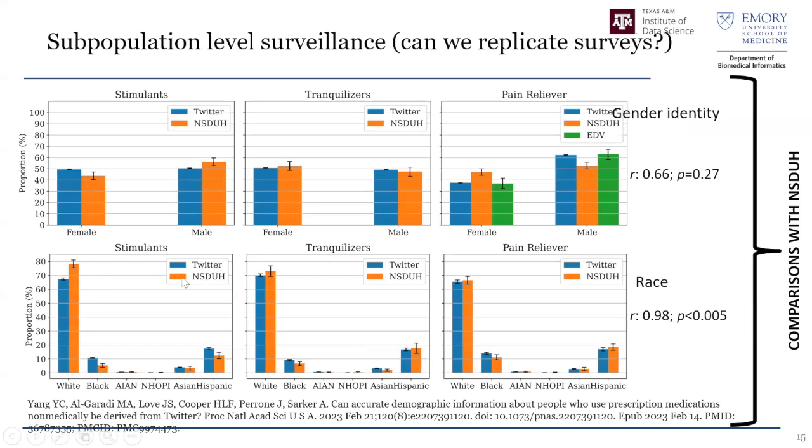You can see that NSDUH is the orange one and Twitter is the blue one. And you can see that they are fairly nicely representative. And in most cases, they were within the confidence intervals of each other, right? When it came to gender identity, interestingly, for pain relievers or opioids, first of all, I need to give a little bit of background on this.